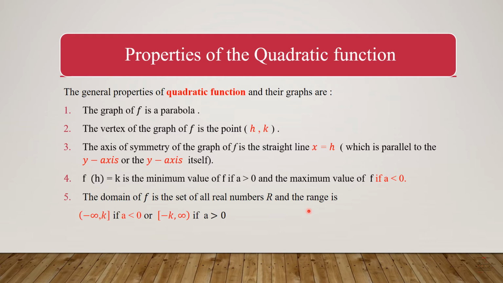If a is less than 0, the range will be from minus infinity to k. And if a is greater than 0, then it will be from k to infinity. So let us discuss these points one by one from the graph of the parabola.